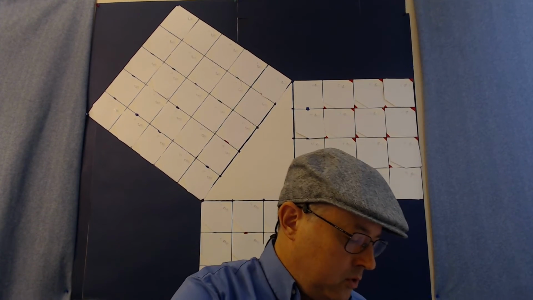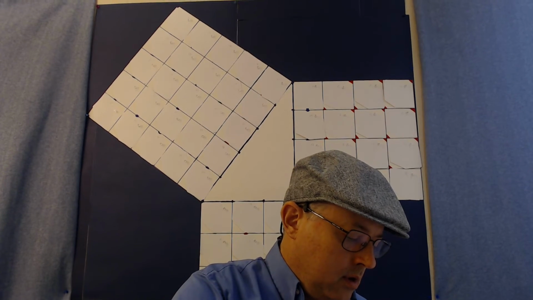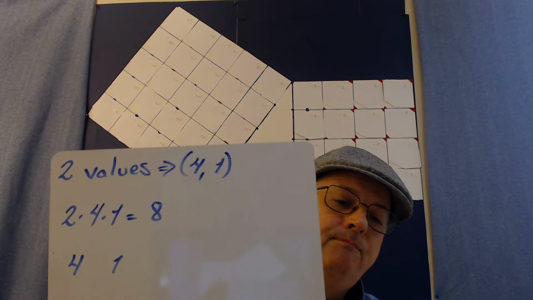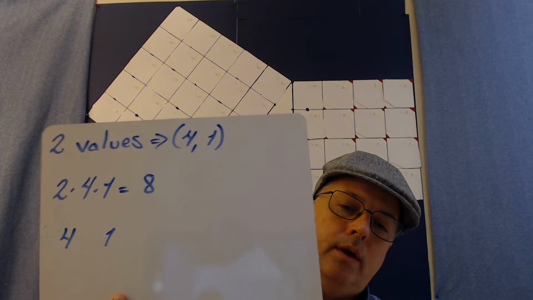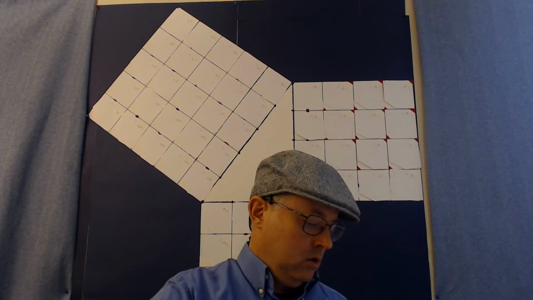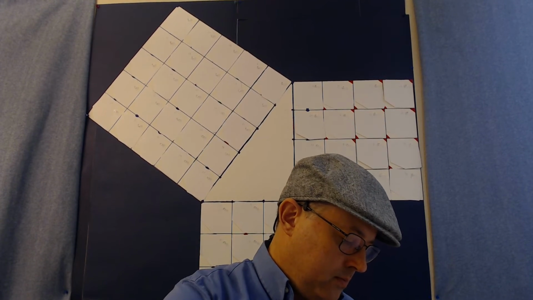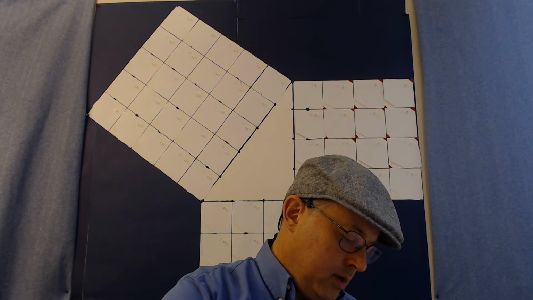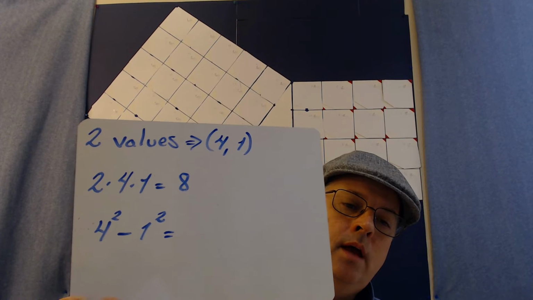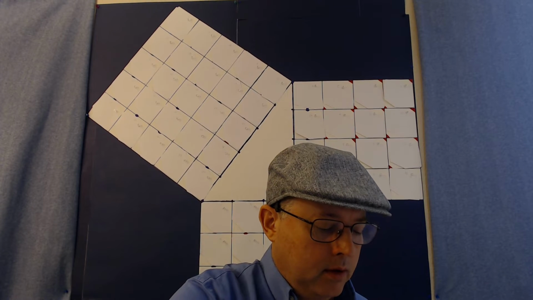And then let's take those two numbers, 4 and 1, and let's square them and subtract them. So we're going to square 4 and square 1 and subtract them. And so 4 squared is 16, minus 1 squared is 1, and 16 minus 1 is 15.